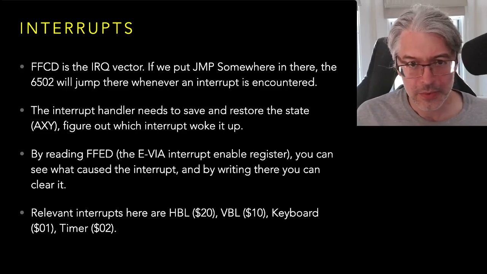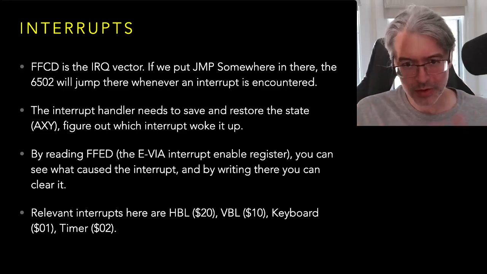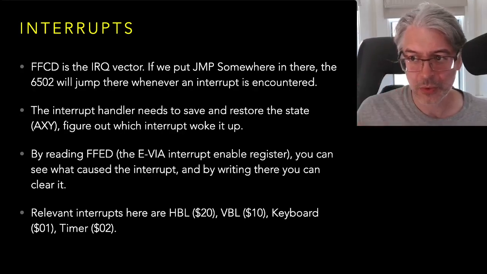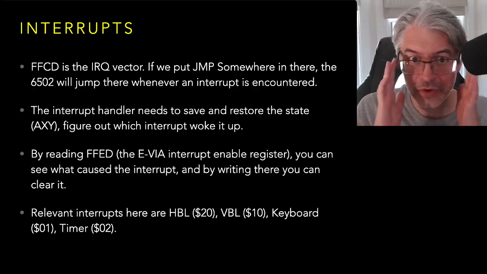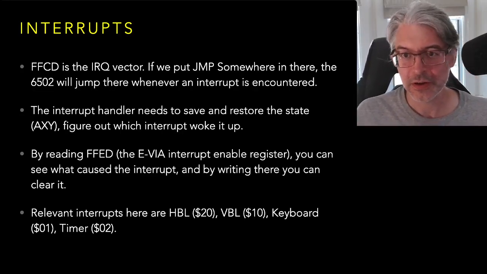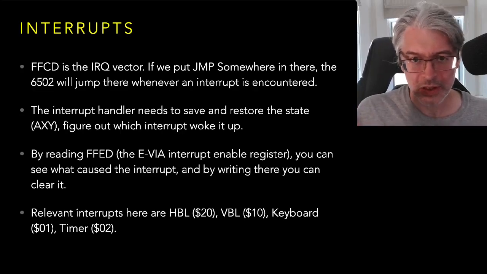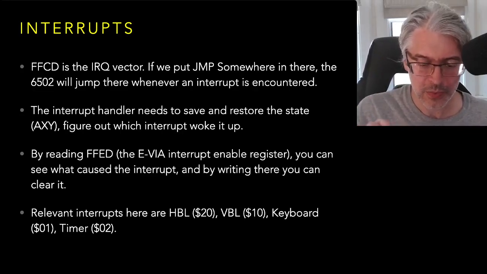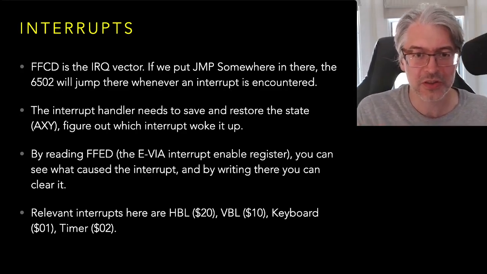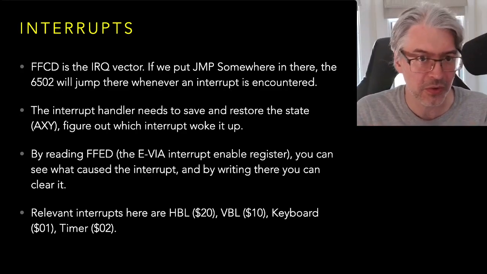Okay, so we'll start with the screen regions and interrupts. The way interrupts work is, again, just a general 6502 property. FFCD is the interrupt request vector. So when there's an interrupt request, the processor will move the processing to FFCD and execute whatever's there.